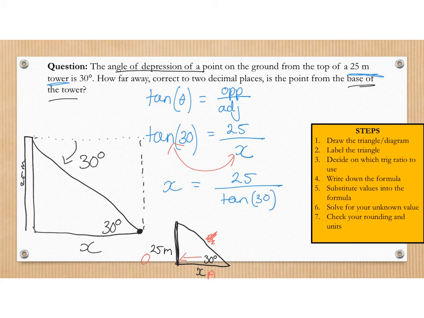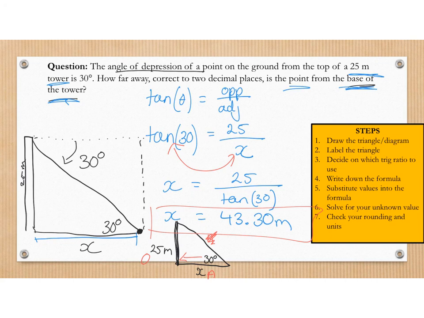Putting that into my calculator, I end up with x is equal to 43.30 metres, rounded to 2 decimal places. So from the base of the tower to this point, this distance here is 43.30.